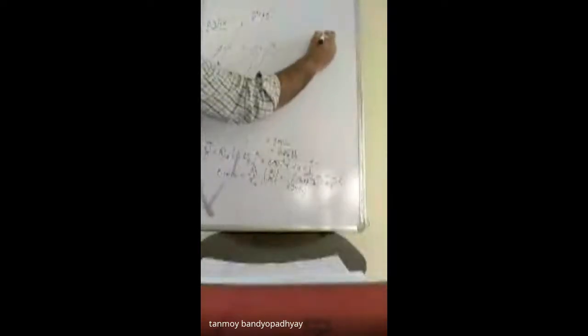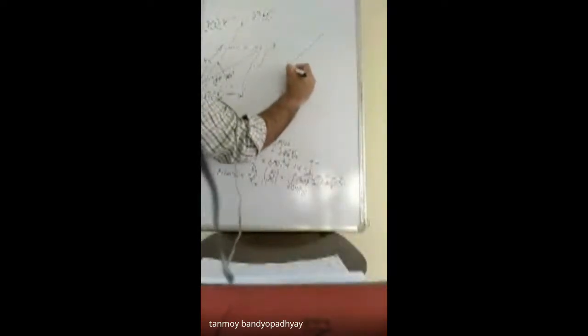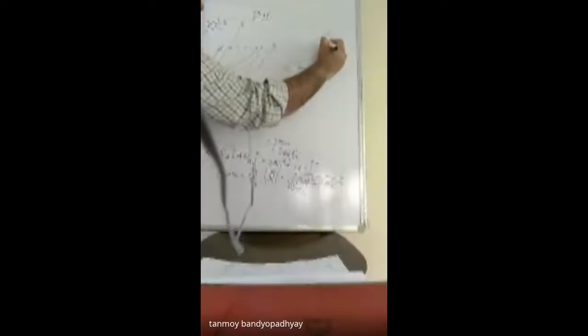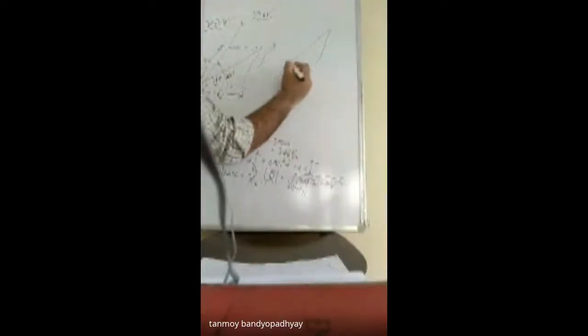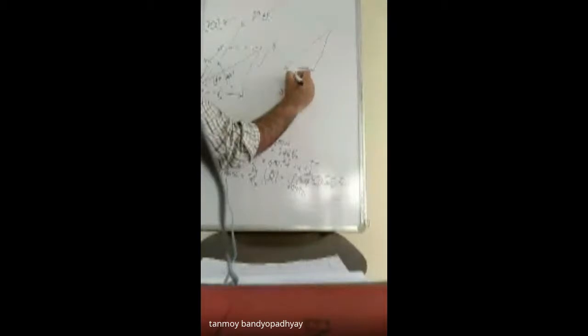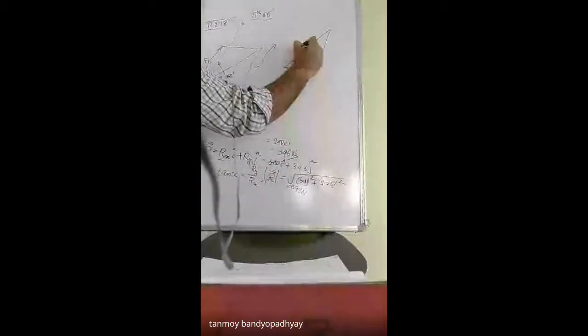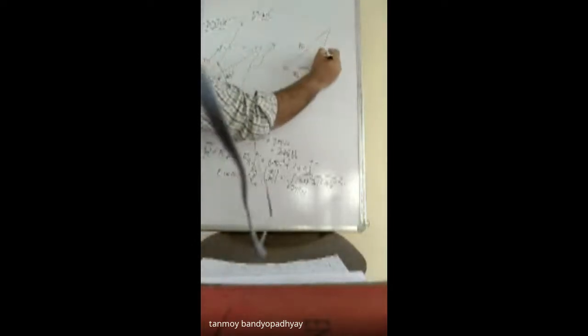Now if I draw this vector triangle and complete it, this is FA, this one is FB, and this one is the force line.